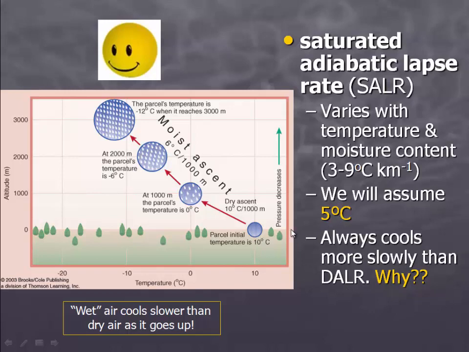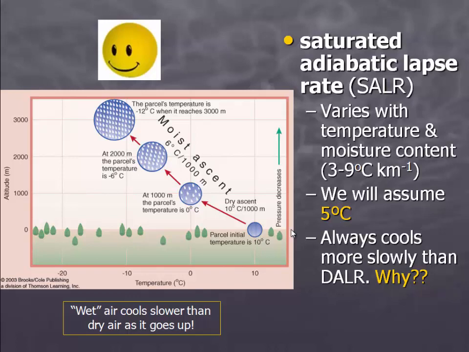Just take a second to think about this. Why does air that is saturated or has moisture content in it cool at a slower rate than air that is dry? A couple of the answers that come up very commonly in class is that, well, water has a high specific heat and it holds its heat content longer. That's thinking along the right lines, but it's actually a little bit incorrect.